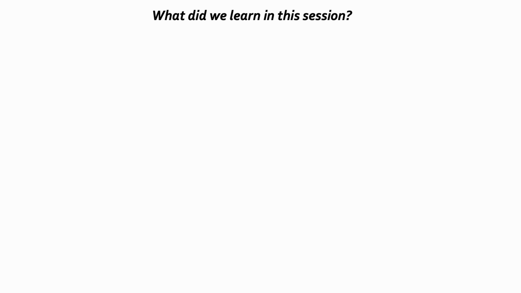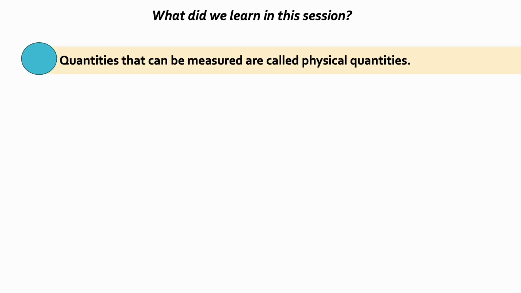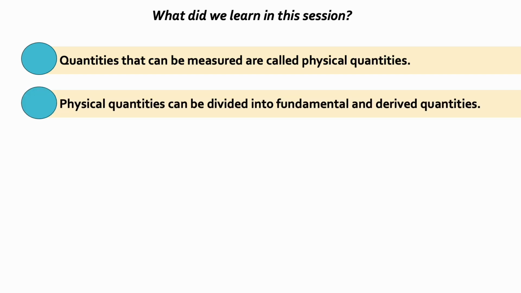Before we end today's session, let's quickly recap what we have learned. First of all, we learned that quantities that can be measured are called fundamental quantities. These include length, mass, time, temperature, etc. Next, we saw that physical quantities are divided into two categories: fundamental quantities and derived quantities.